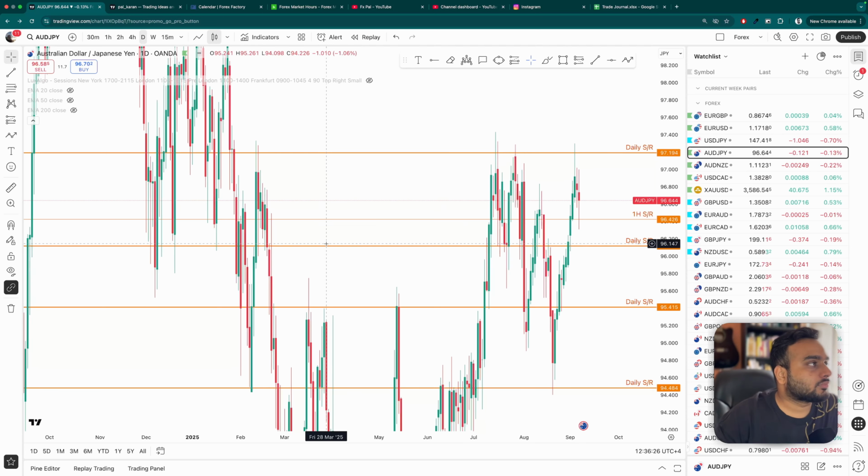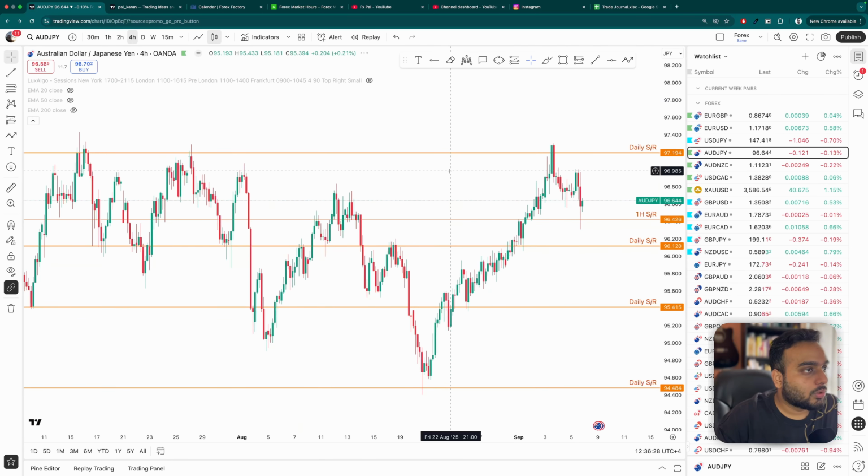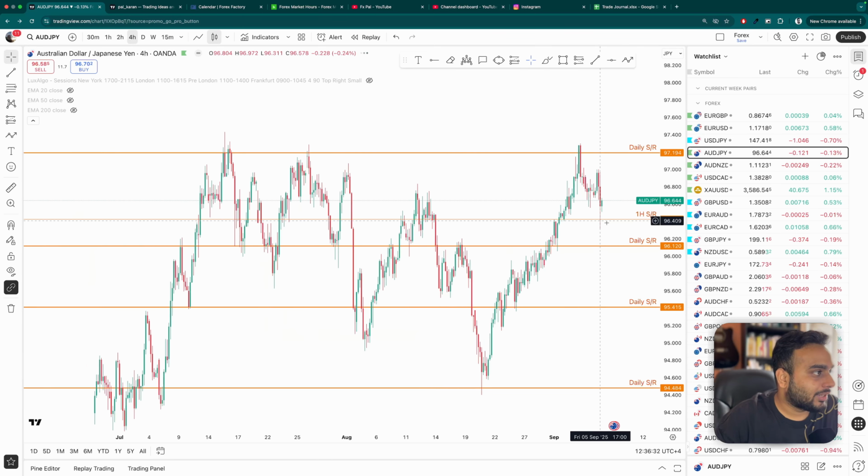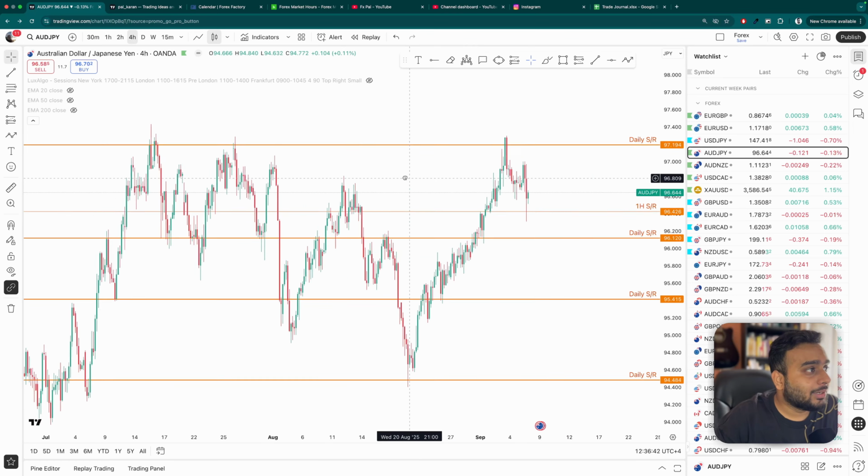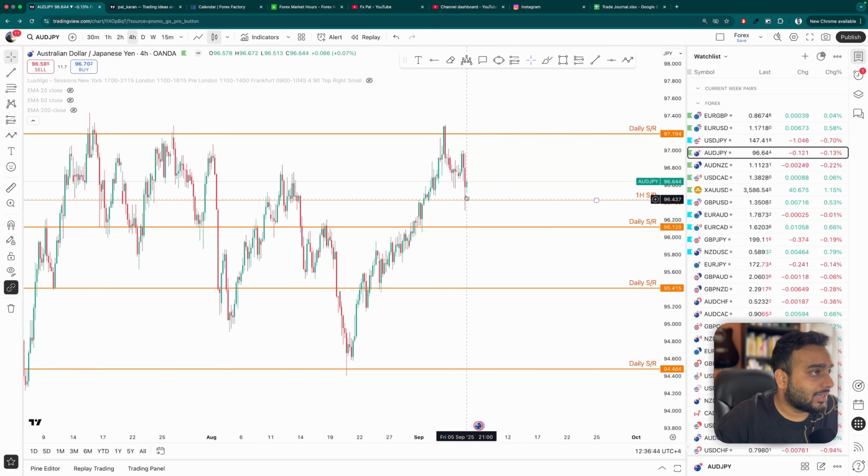So what we want price to do is come back maybe this level. I'm fine with rejections right here as well. This support level has been a really good one. So I would be interested in a trade where I see candles coming here and then moving back up.